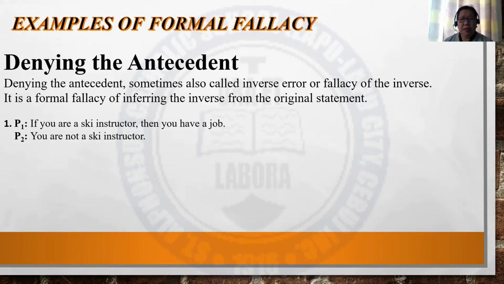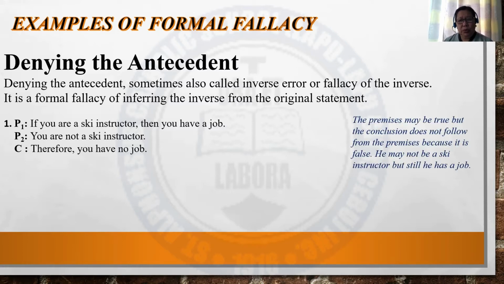Second premise, you are not a ski instructor. Therefore, for the conclusion, you have no job. So the premises may be true, but the conclusion does not follow from the premises because it is false. He may not be a ski instructor, but still he has a job.